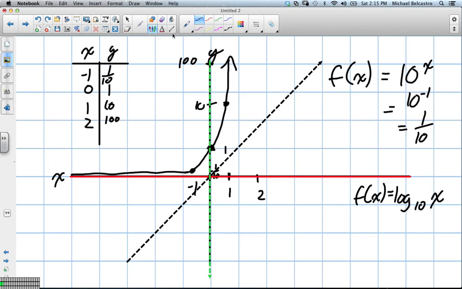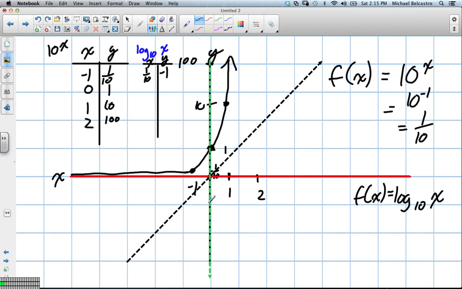So let's say this was for our 10 to the power of x. Let's say for our log base 10 of x, what are our x and y values going to be? 1/10 and negative 1. That's right. So we're now going to have a tenth as our x value and y being negative 1.